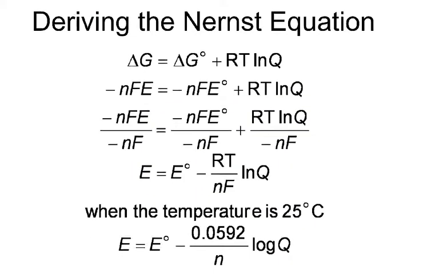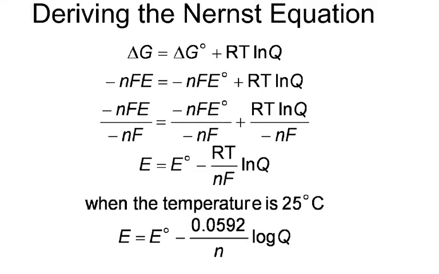Now the way we do that is we learned this equation in the previous chapter, and then we can substitute in delta G is negative nFE, substitute that in, plus RT natural log of Q. So this is our cell potential in the cell we're using.